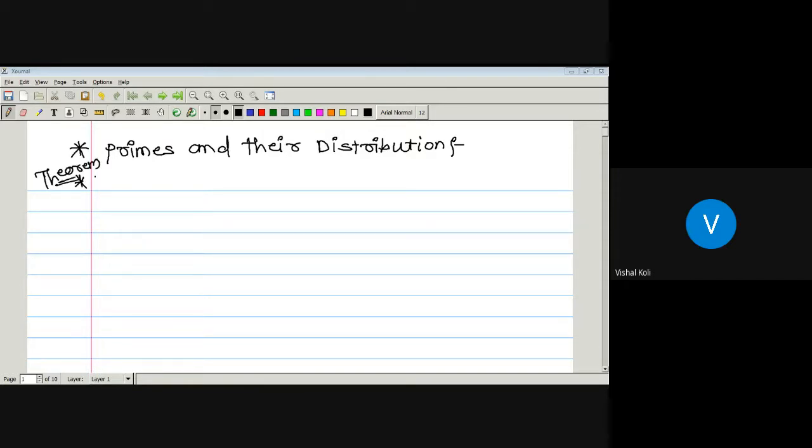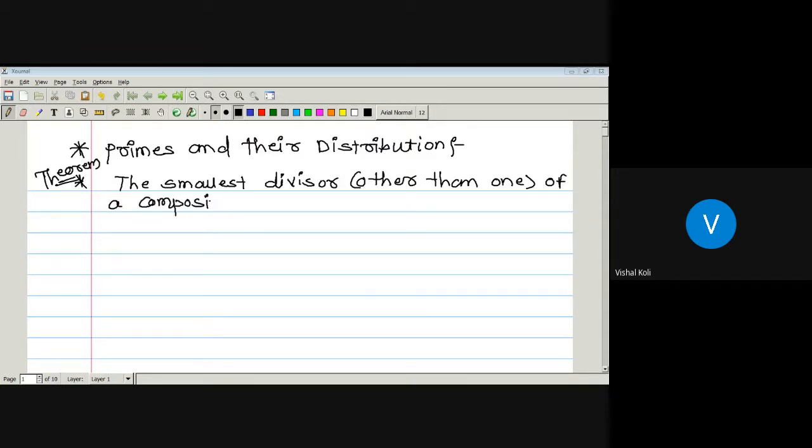The smallest divisor other than 1 of a composite number is a prime.